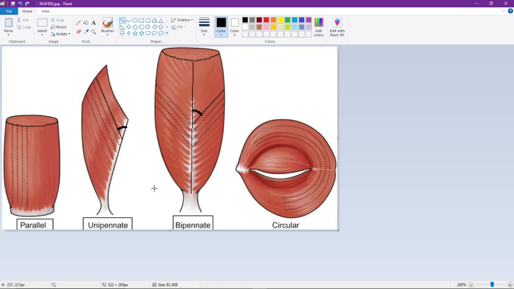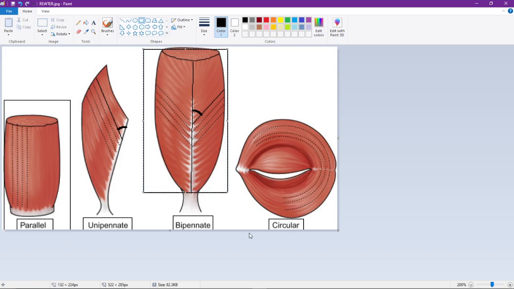Now we'll see how the angle of pinnation affects the tensile force generation, or the magnitude of the force production. This is the circular muscle, the fourth one. These are also present in the human body. In this lecture, under fiber orientation, I'll be comparing parallel muscles versus pinnate muscles.